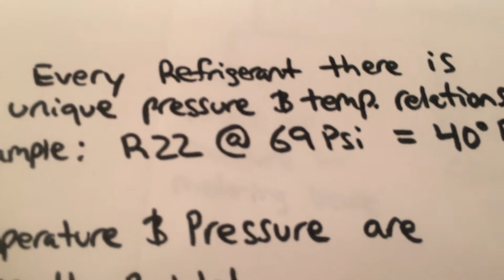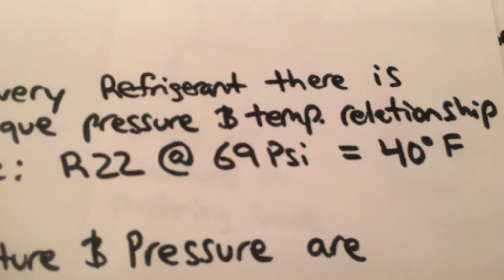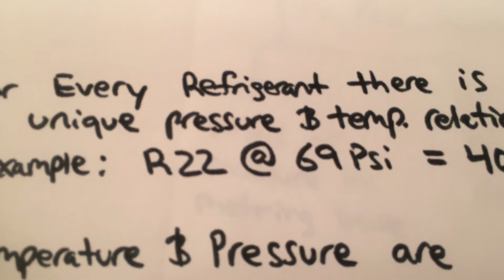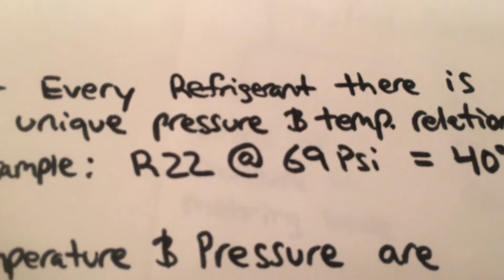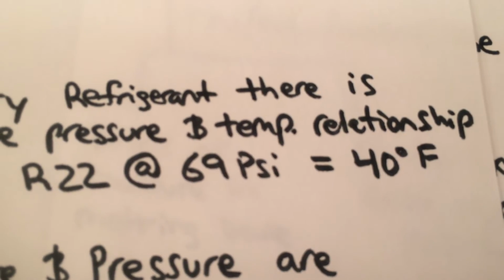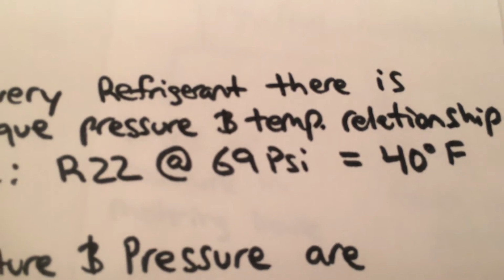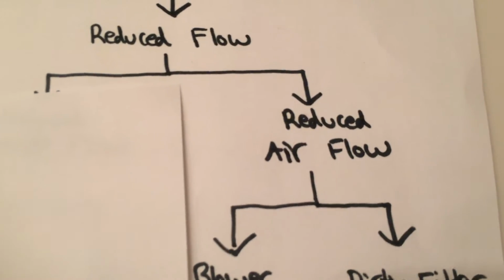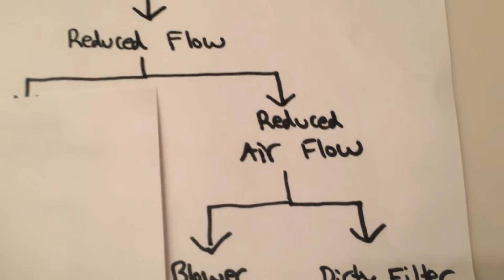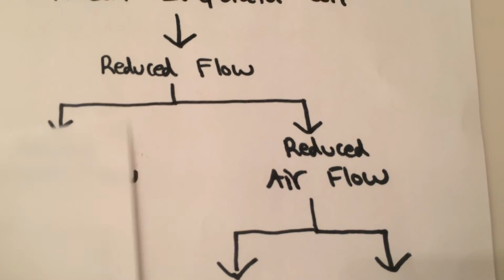So we're keeping our evaporator coil at a certain pressure because we're moving heat into it. And because of that, we're maintaining our goal of 40 degrees Fahrenheit in the evaporator coil. So that's column number one out of two of reduced flow.